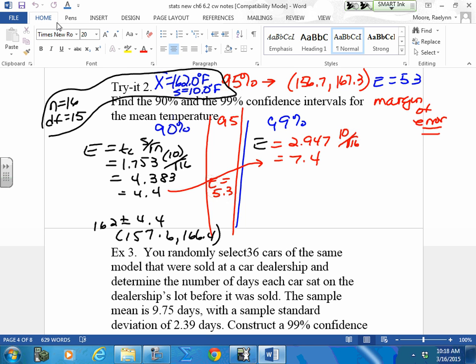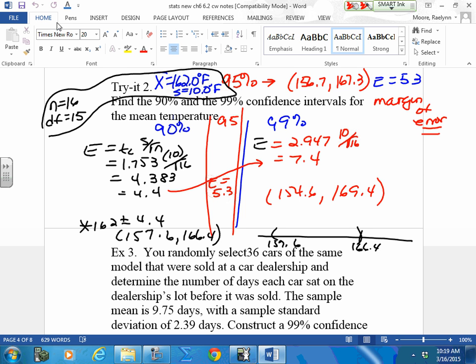Okay, and then this one over here should be 154.6 and 169.4. Let's do these out on a number line because when we look at these, they're so close, but there is a difference when you put them on a number line. So let's start with the 90% one. 157.6 to 166.4. This is my 90%.